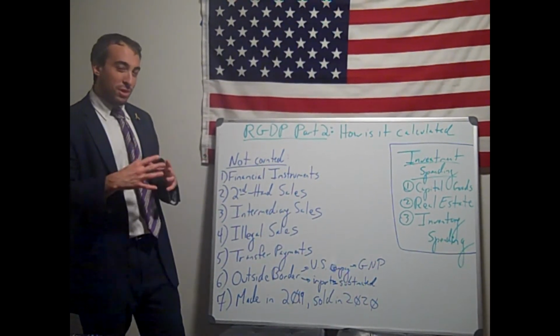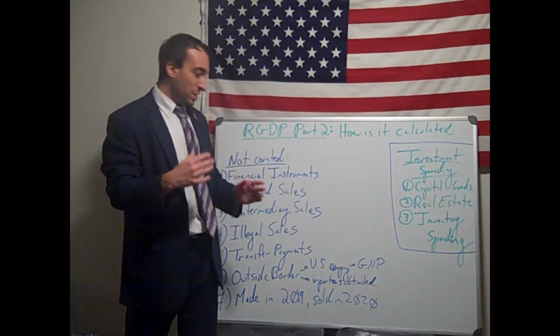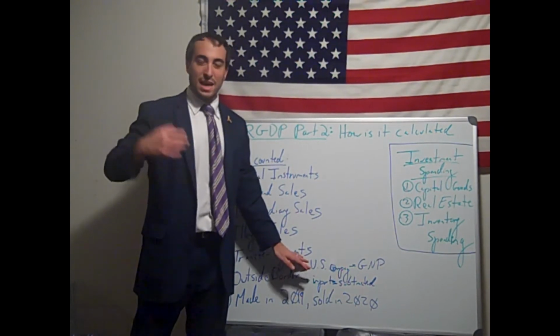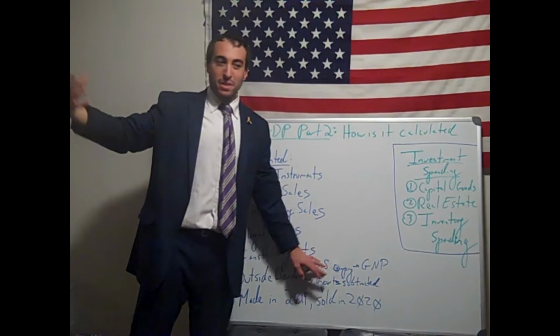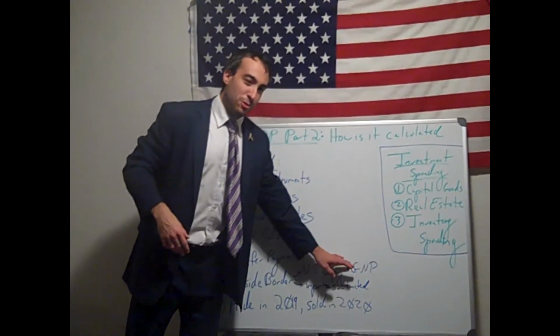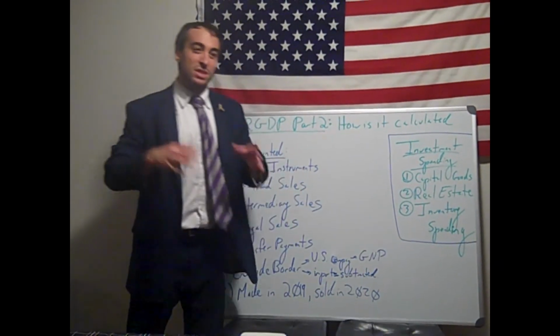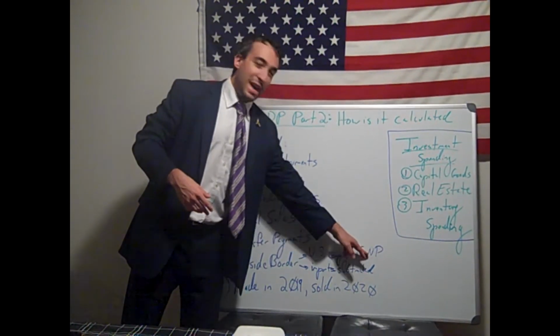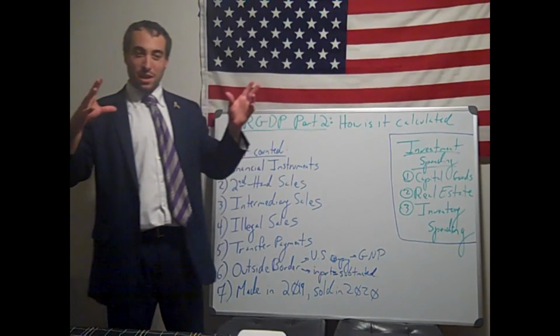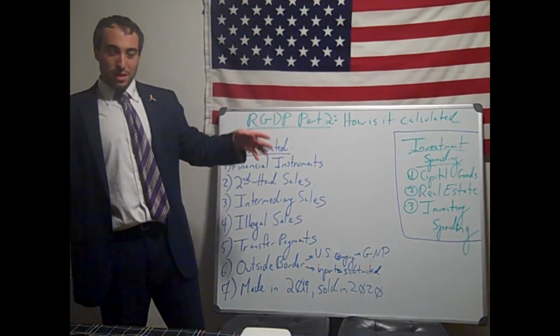6. Outside the border could be broken into two categories. One, if it's a U.S. company, so let's say that Apple is making products in China, that would be counted towards GNP, gross national product. An interesting number, this means all of the national companies, no matter where they are in the world.